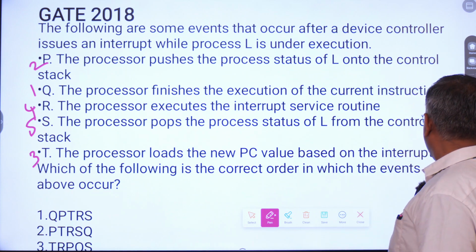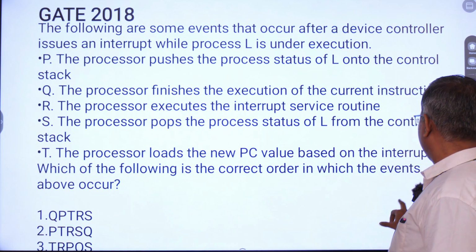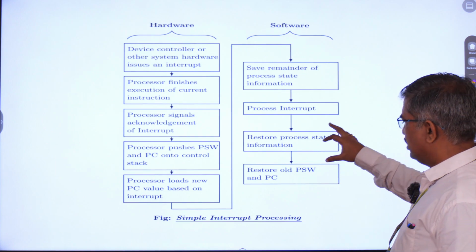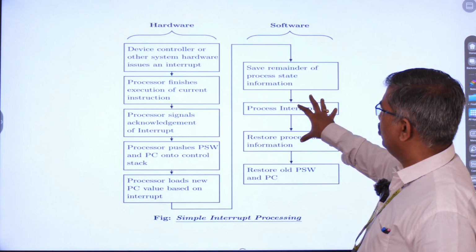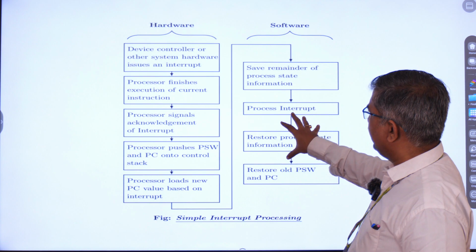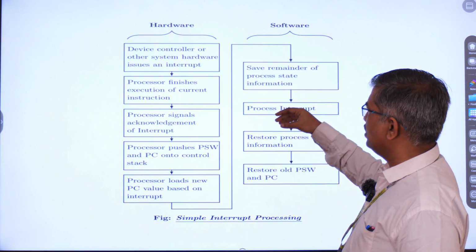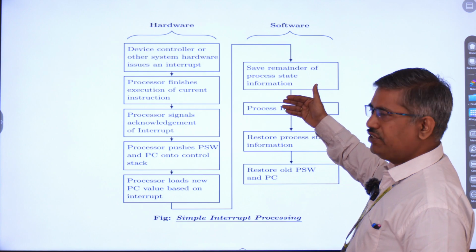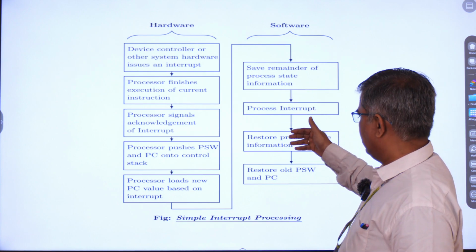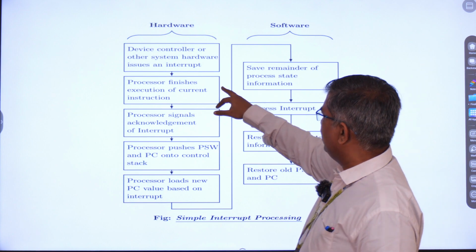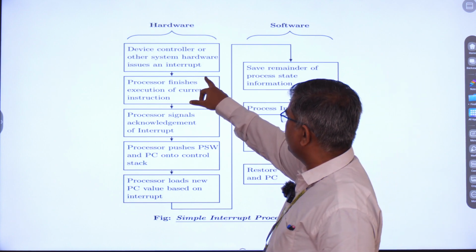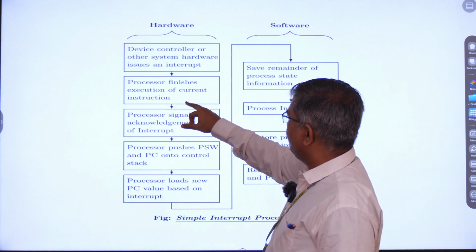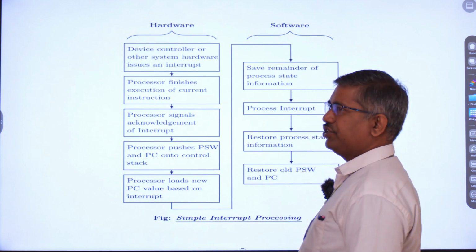We can see the simple interrupt processing diagram, and with its help we can understand in which order the processes occur. The device controller or system hardware issues an interrupt. Next, the processor finishes the execution of the current instruction.